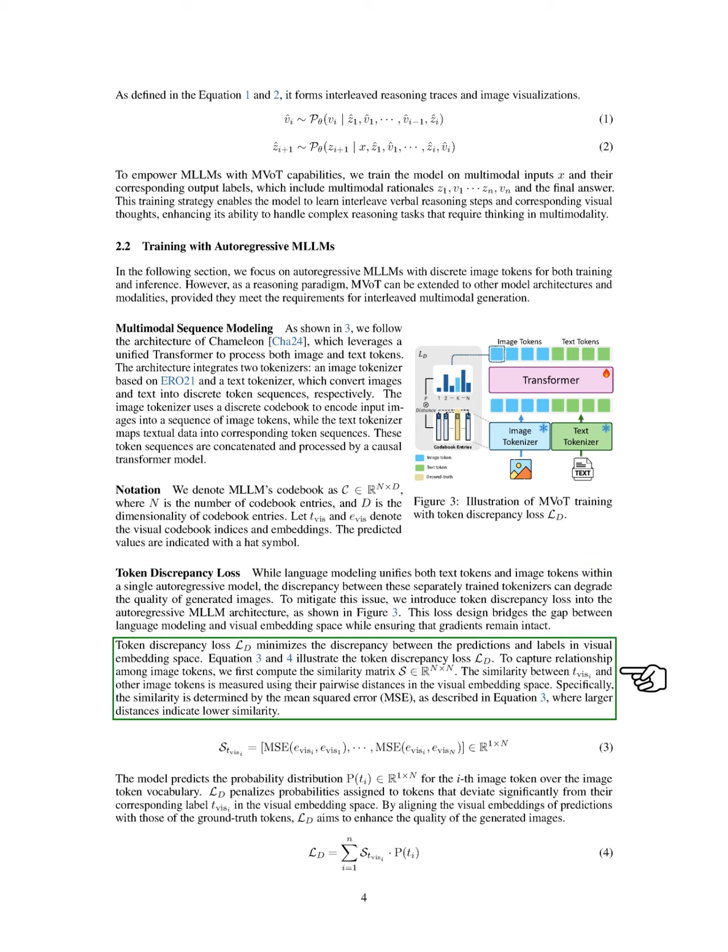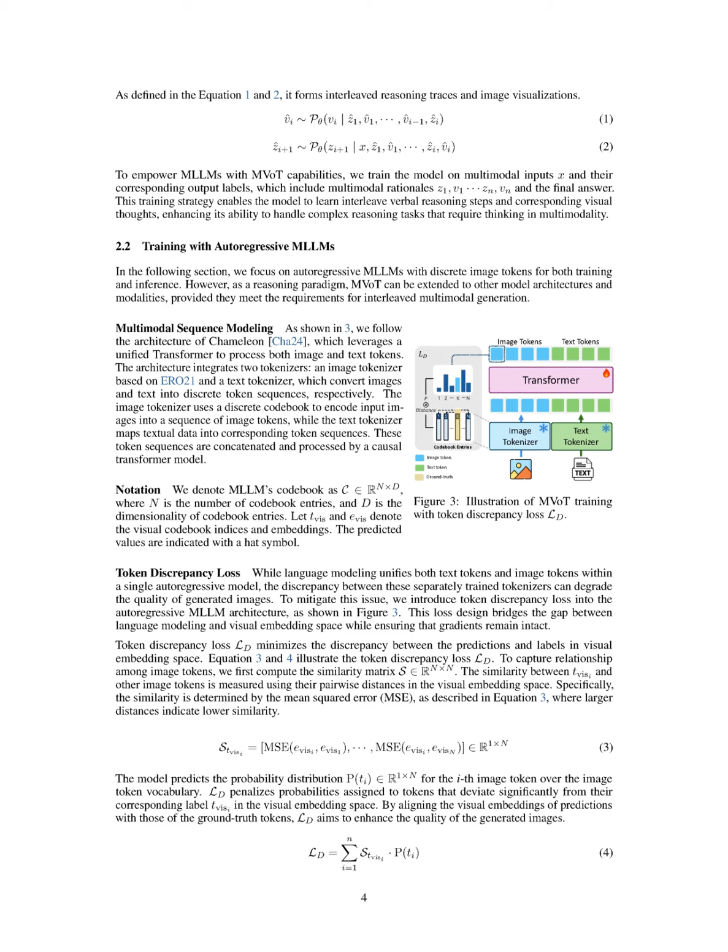The token discrepancy loss minimizes the differences between predictions and actual labels in the visual embedding space. We calculate a similarity matrix to assess the relationships among image tokens, using mean-squared error to measure similarity based on pairwise distances. The model predicts a probability distribution for each image token, and the token discrepancy loss penalizes significant deviations from the corresponding labels, aiming to improve the quality of generated images.